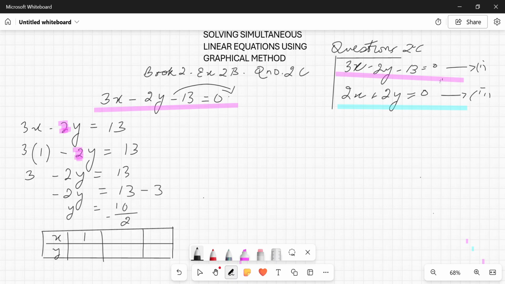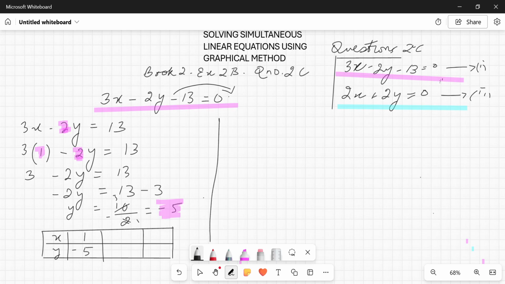So the y value is minus 5. 2 ones are 2 and 2 fives are 10. The minus comes because you shift minus 2 from left to right side. So the answer is minus 5. When x is 1, the y value is minus 5. We have found the first value.